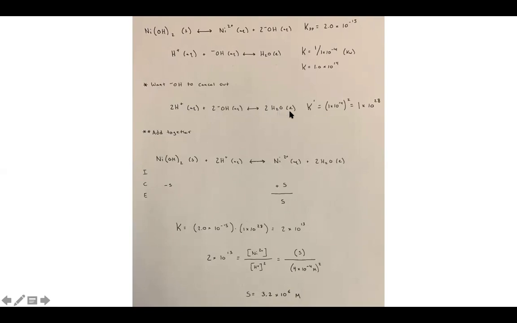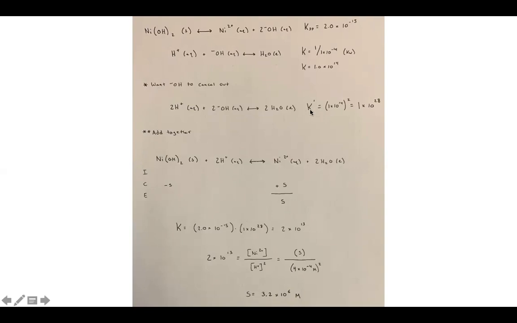But remember that when we multiply an equation by a coefficient, we have to adjust our equilibrium constant. Okay, and what we do is we take our old equilibrium constant and we raise it to the exponent of whatever coefficient we multiplied it by. So here we multiplied our equation by 2.